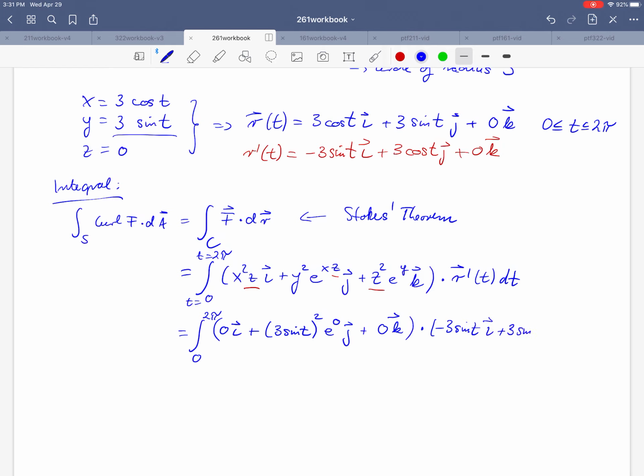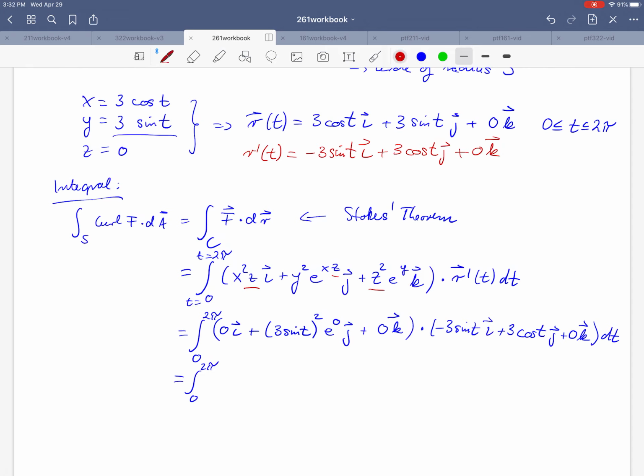plus 3 cosine t j plus 0k dt. So not that much is left after I take this dot product.